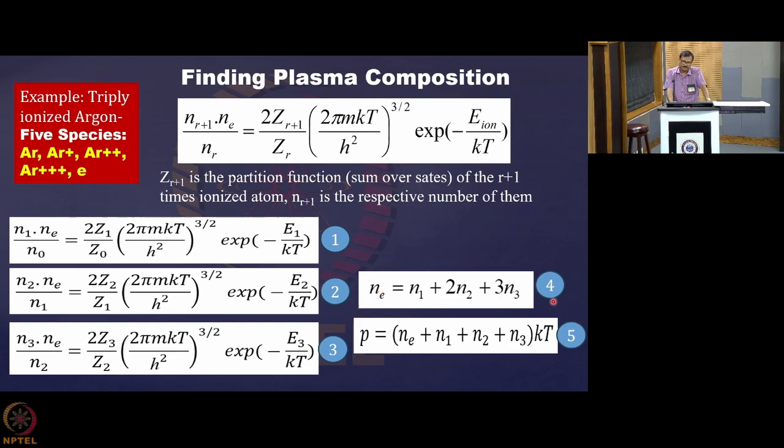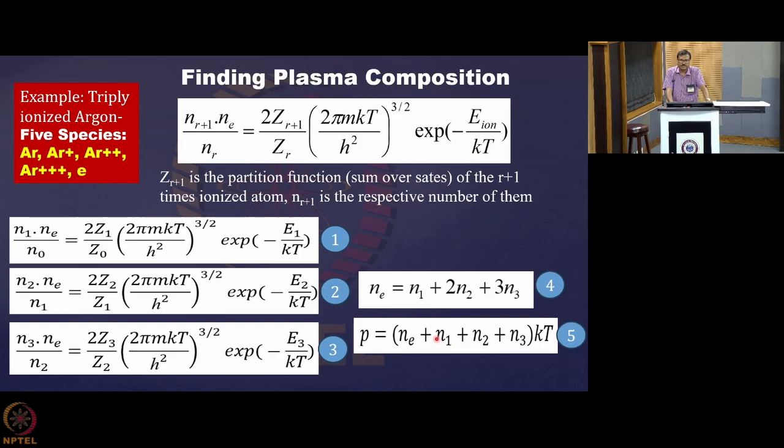This is the fourth equation, and the fifth one is the pressure, because we have generated the plasma at a certain pressure. If you follow the ideal gas equation, then P is equal to NkT. So N is Ne plus N1 plus N2 plus N3, these are all the species that are there in the plasma.